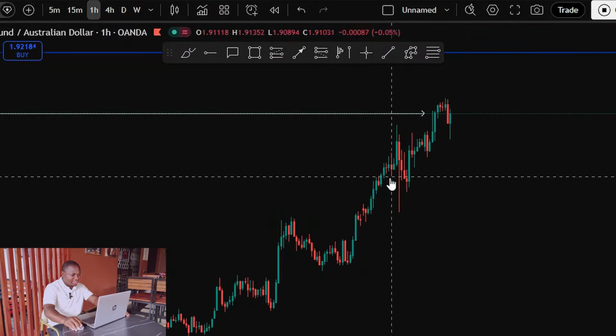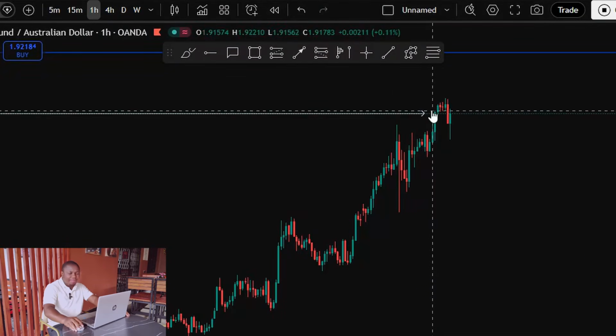Now let us move to the H1 time frame. Understanding that we have an area of value, we also need to understand how the price approached it, because knowing exactly how the price approached gives us a better edge in understanding which type of trade setup we should be looking for.